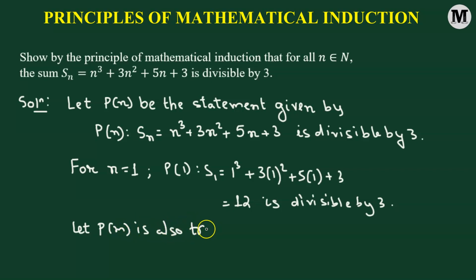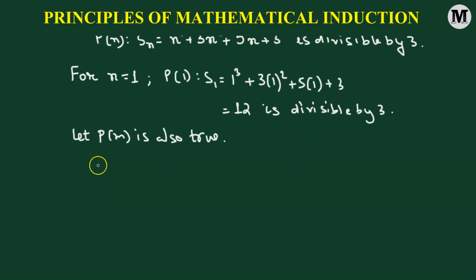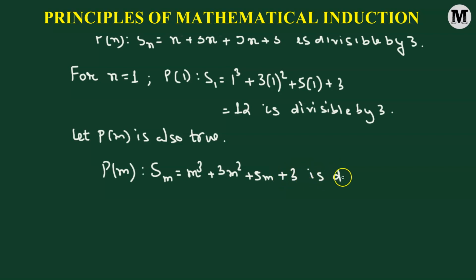If P of m is true, this simply means we are rewriting the statement P of m as S of m equals m cube plus 3 times m squared added to 5 times m plus 3. So this expression is divisible by 3.